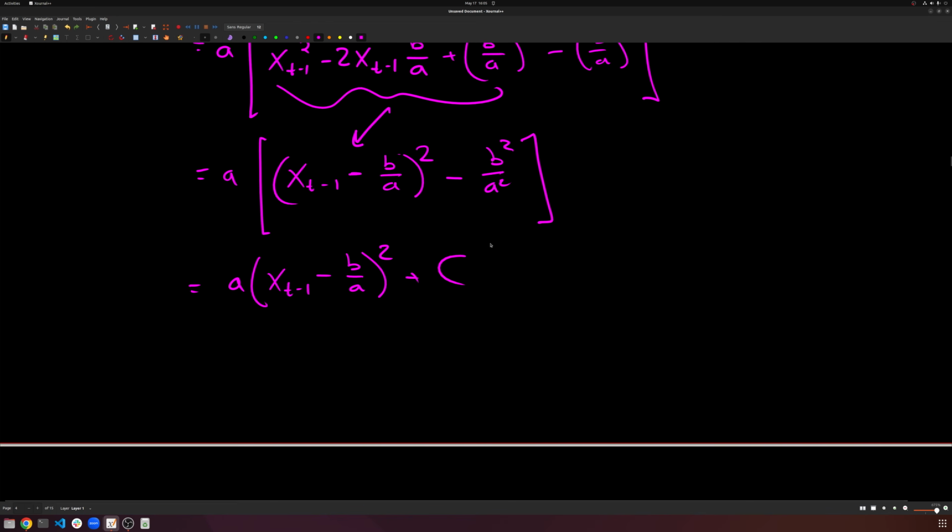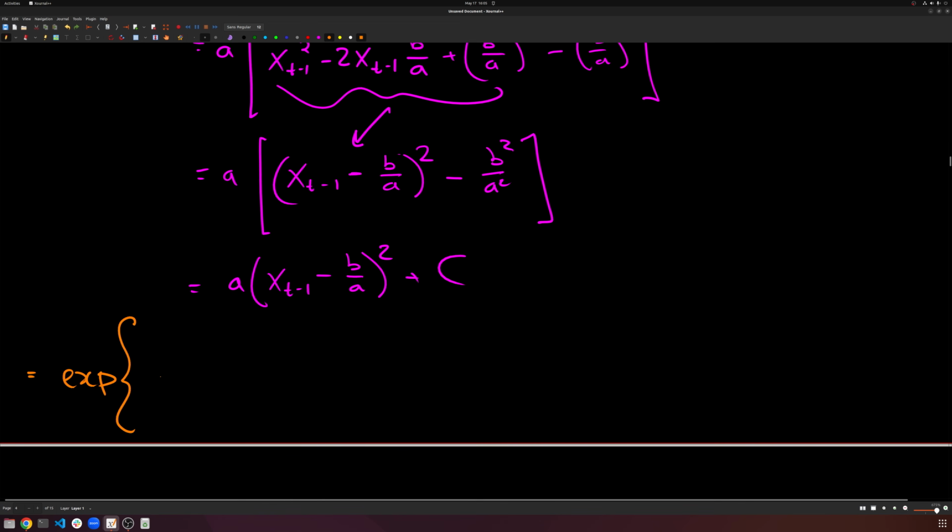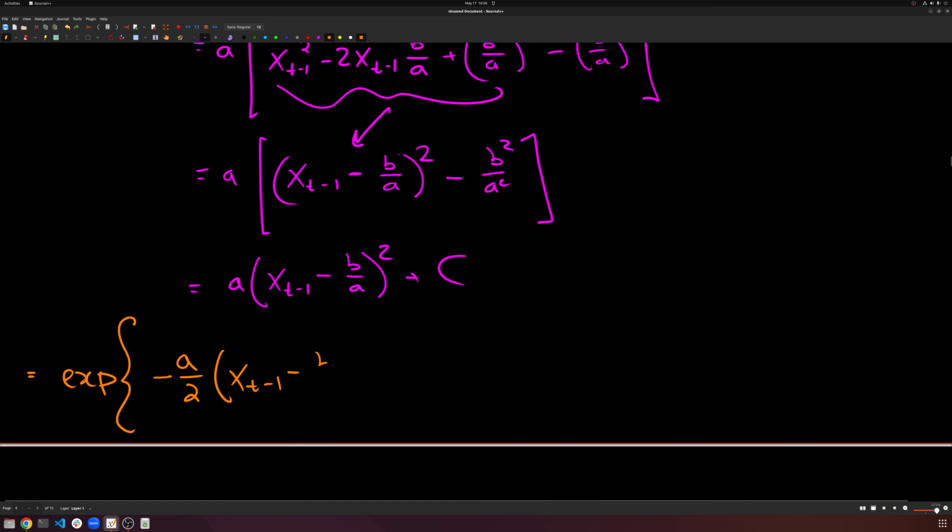That means we're finally back to, let's change back to orange. It's going to be equal to exp of negative 1/2, but we have this a as well, so negative a over 2, times (x_{t-1} minus b over a) squared, and we have that c that we just don't care about.